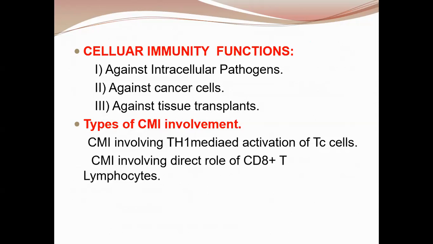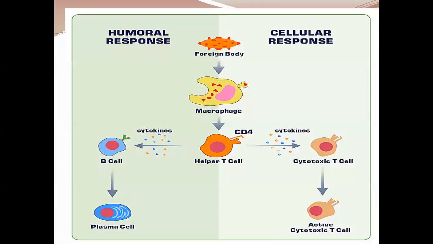Now, when we look into the humoral response and the cellular response, this is a foreign body or an antigen. This will cause the macrophage to produce the CD4 cell or the helper T cell. This CD4 cell in turn will cause the release of cytokines, and these cytokines will act upon the B cell and later on the plasma cell.